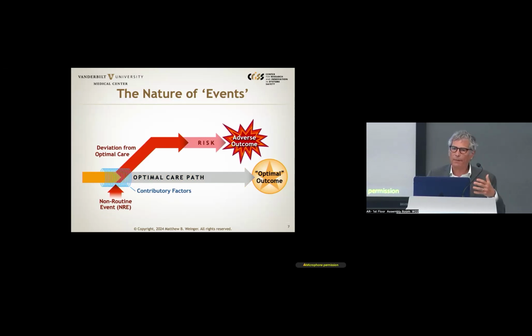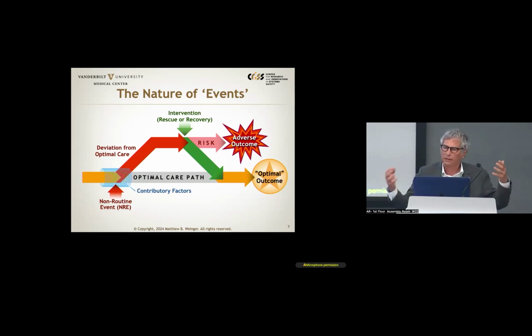And when that happens, there's an increased risk of adverse outcome. And with multiple ones, the risk will get larger. And so what we all do as healthcare professionals is be on the lookout for this. And we look to intervene and rescue or recover to bring patients back to optimal care paths. Giving phenylephrine when the patient's hypotensive is an example of that.